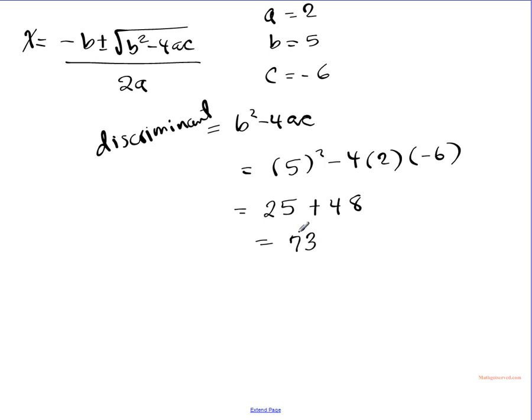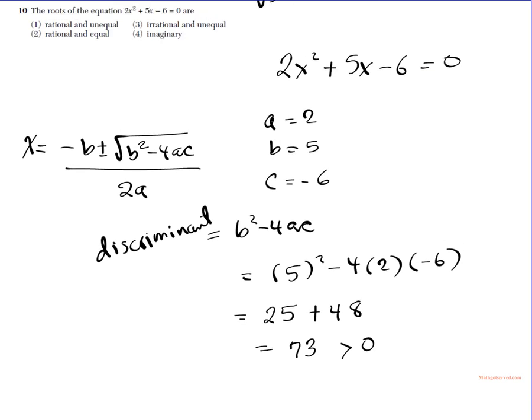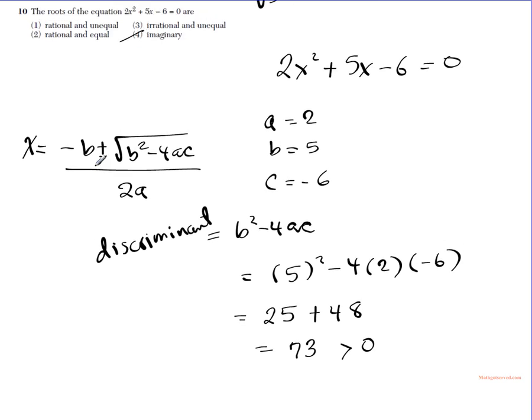Okay, 73 is bigger than 0. Yay, that means we're not going to have an imaginary situation. But since it's not 0, that means it cannot be a double root. It cannot be equal. So for this case, we know that it cannot be imaginary since it's greater than 0. It cannot be equal because equality happens only when the discriminant is equal to 0. So it's either rational and unequal or irrational and unequal.